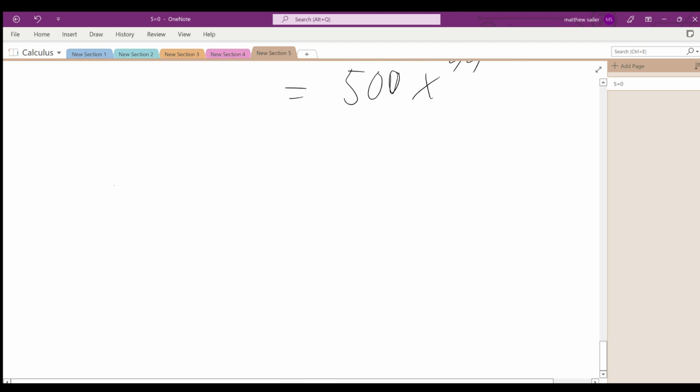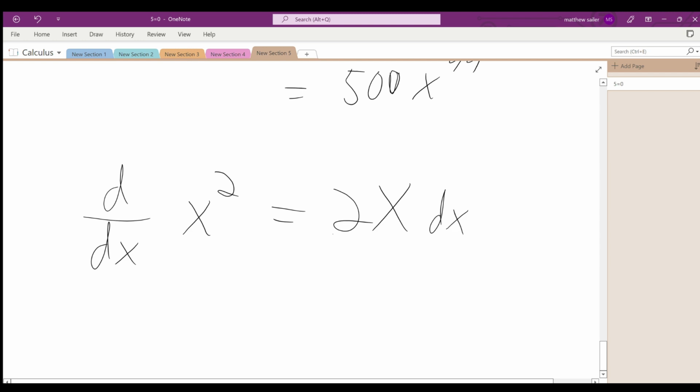So going back to our power rule, derivative of x squared, we said this is 2x, but it's really 2x times dx. That's really the answer. And as you do more and more derivatives, I would highly recommend you get into the habit of writing this dx.